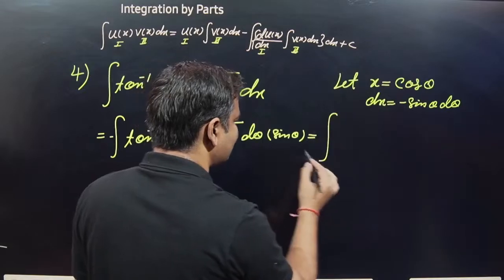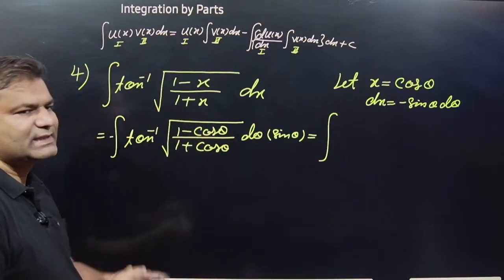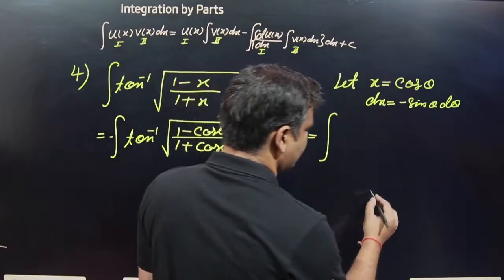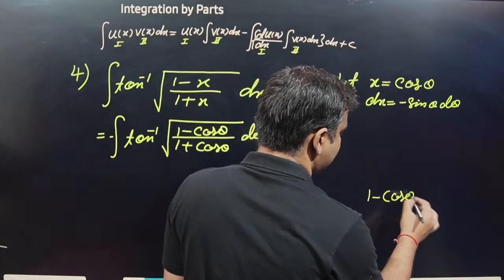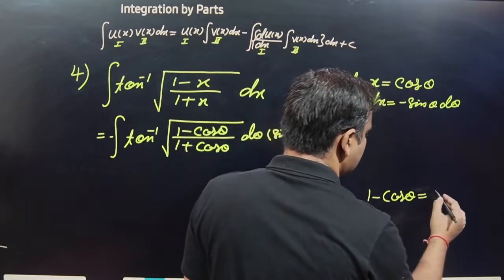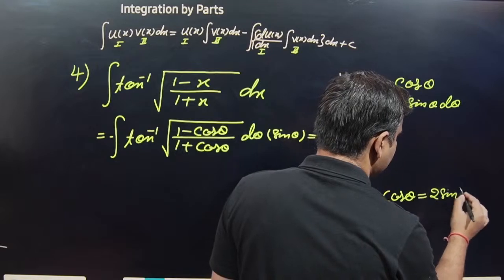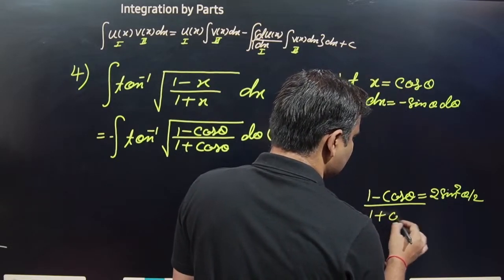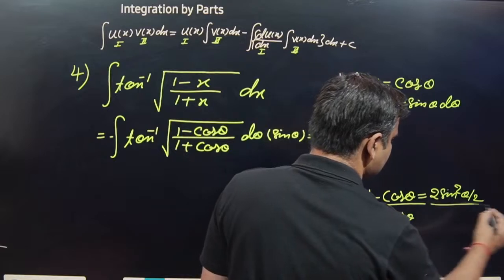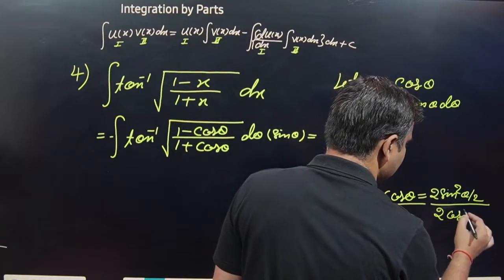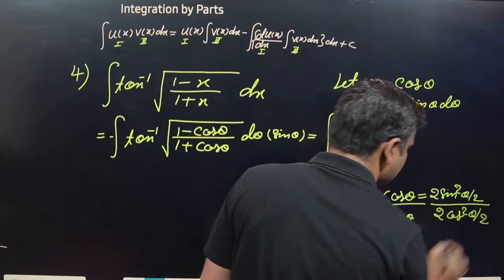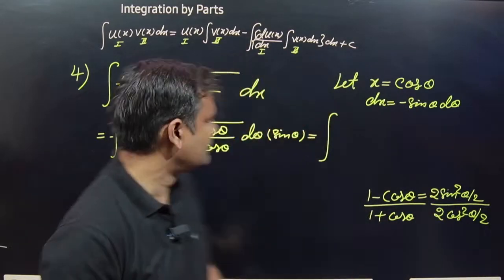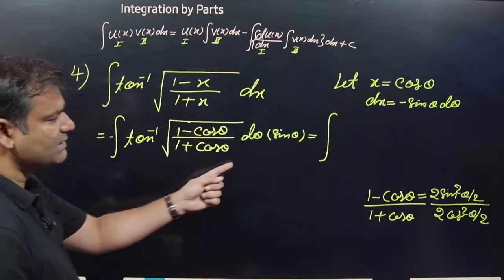After that, 1 minus cos theta is 2 sin square theta by 2, and 1 plus cos theta is 2 cos square theta by 2. So the 2s cancel, and this is tan square theta by 2.